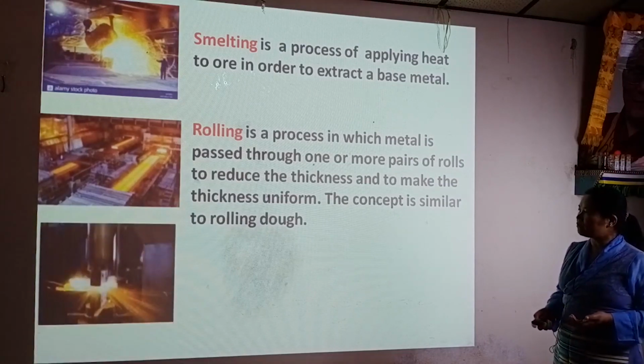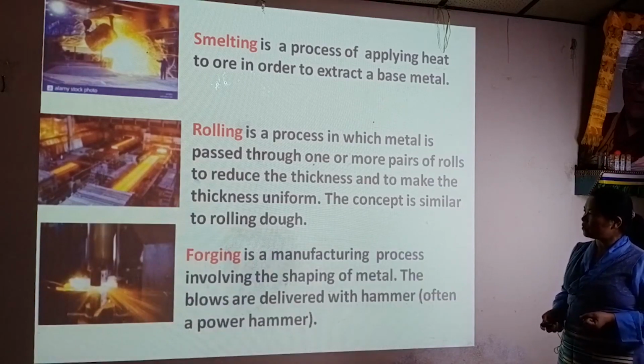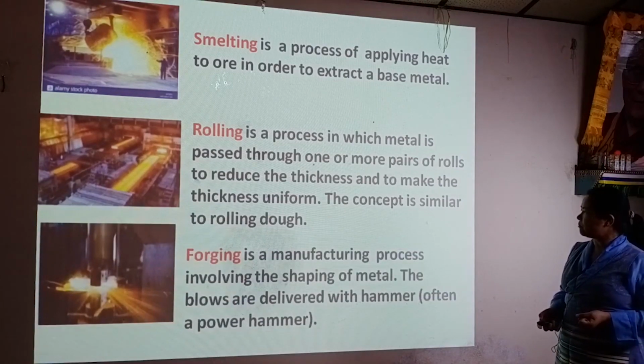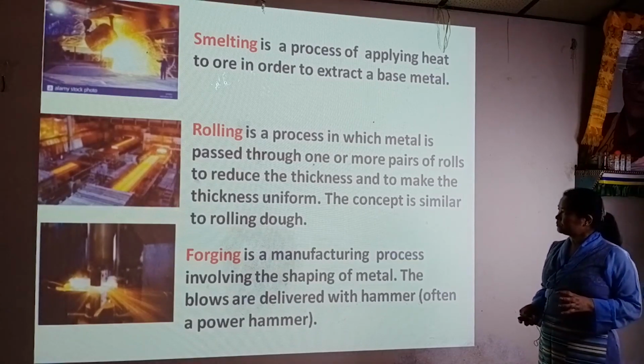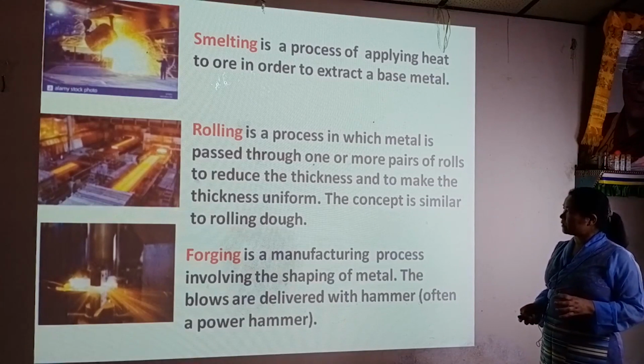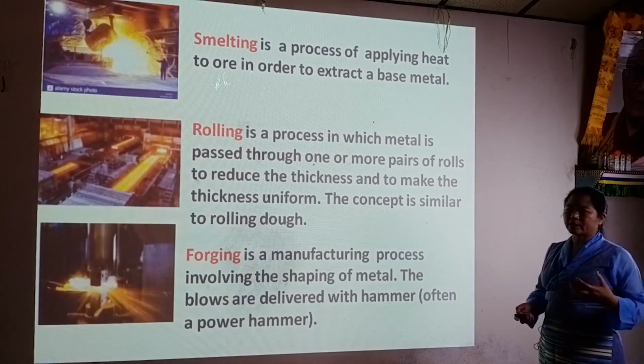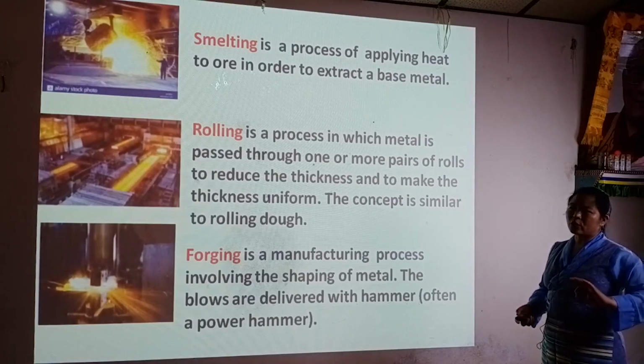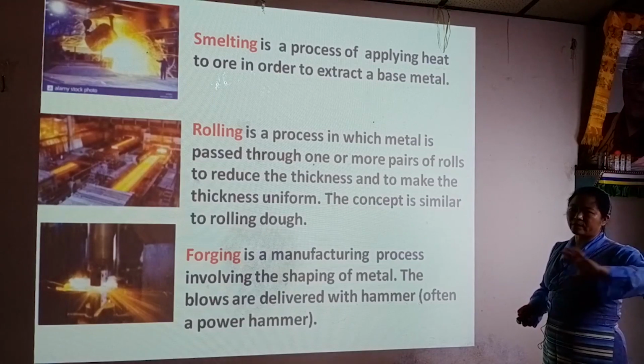And then we have forge. Okay, forge or forging is a manufacturing process involving the shaping of the metal. So after the metal is given that proper thickness, it is given the required shapes. For example, if you want a sword, it is given the shape of that sword.